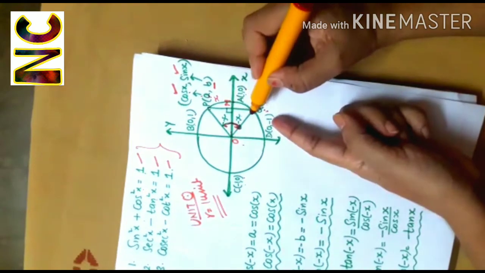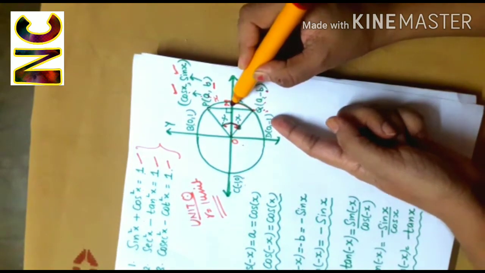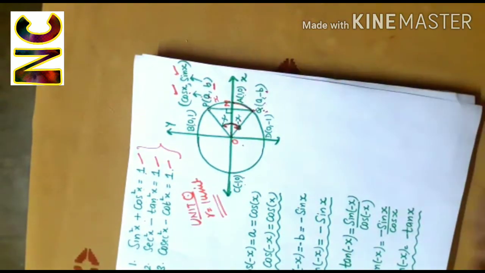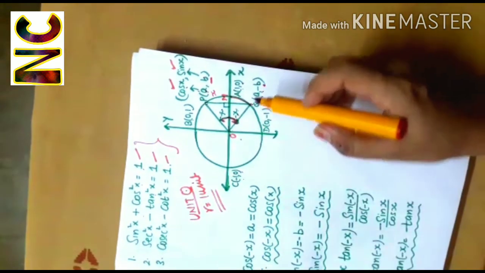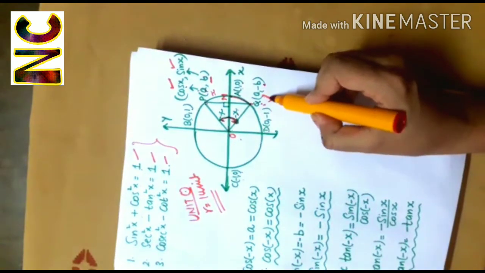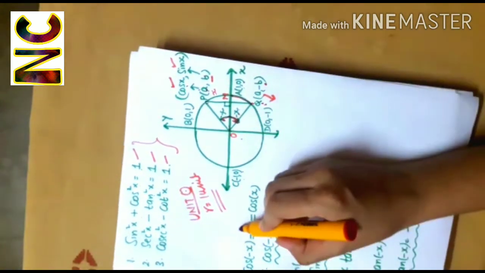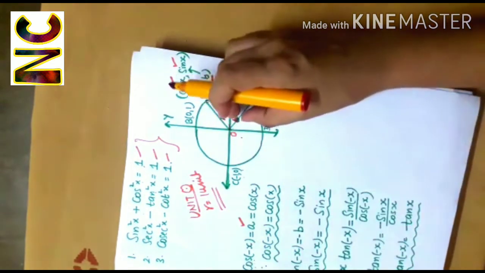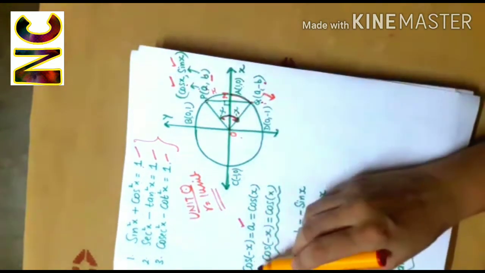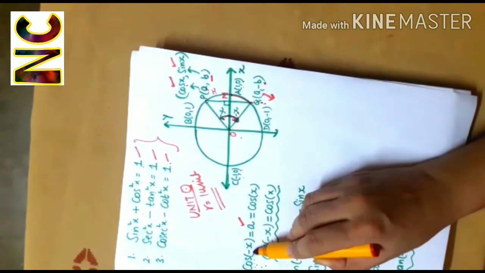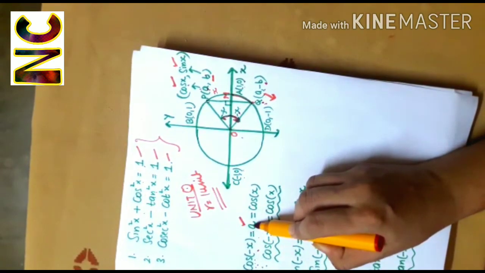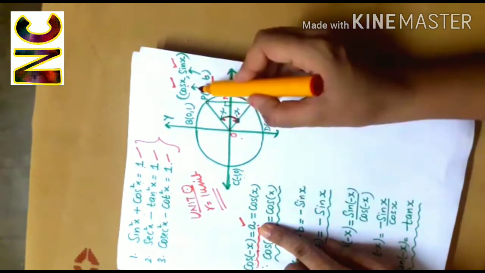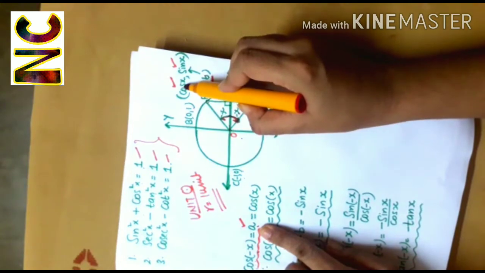So this arc AQ subtends an angle minus x radian at the center. So the x coordinate of the point Q, that is a, will give you the value of cos of this angle. That is, cos of minus x will be equal to a, right? Yes, but what is a equal to? a is equal to cos x.